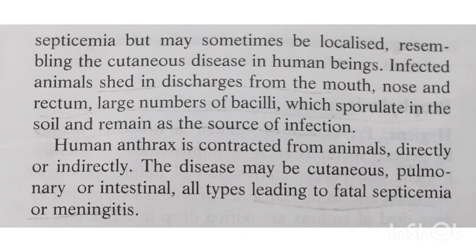Human anthrax may be of three types: cutaneous anthrax, pulmonary anthrax and intestinal anthrax. All these types lead to septicemia or meningitis as complications.